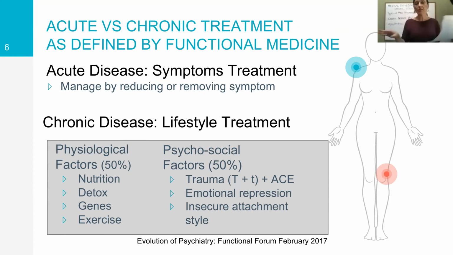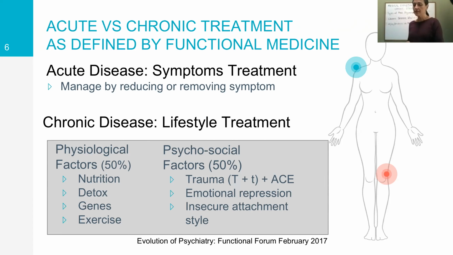If someone's having a heart attack, you're not going to talk to them about their relationship issues. You're going to address the symptom right now. But once it is defined as chronic disease and there's no longer a threat of a heart attack, then the treatment turns into a lifestyle treatment.